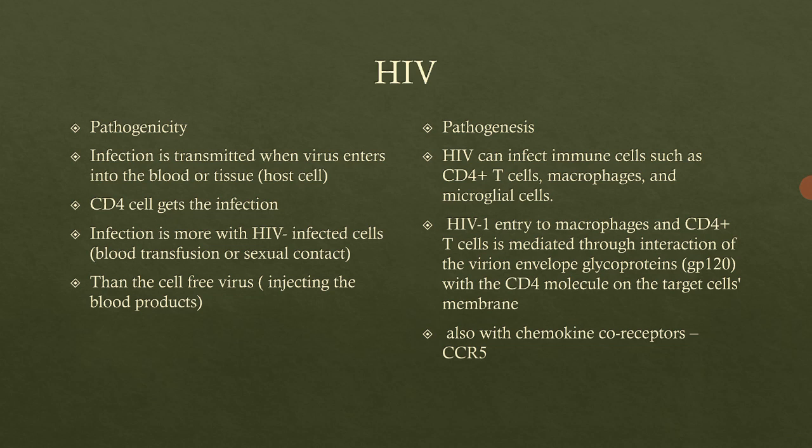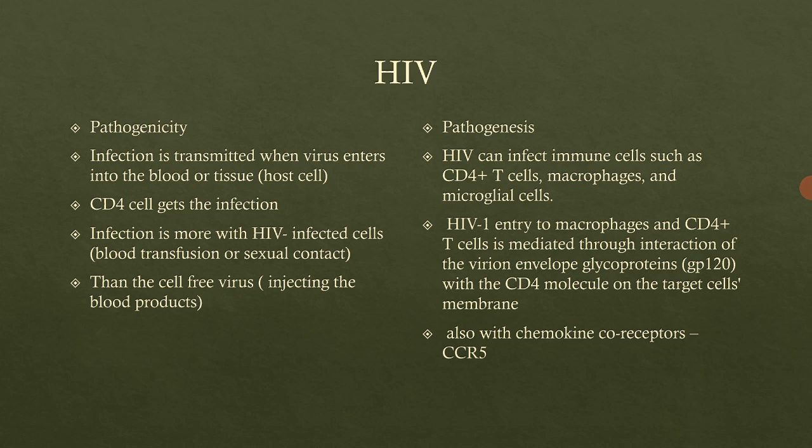Infection is more with the HIV infected cell as compared to the cell-free viruses, which means if the infection is transmitting from sexual contact or blood transfusion, then the virus is already there and already multiplying in one person's body, and from that person the virus is transmitting. So that is called the HIV infected cells.